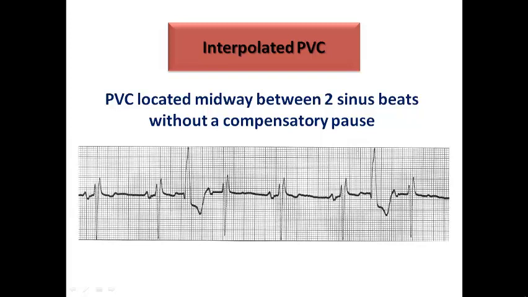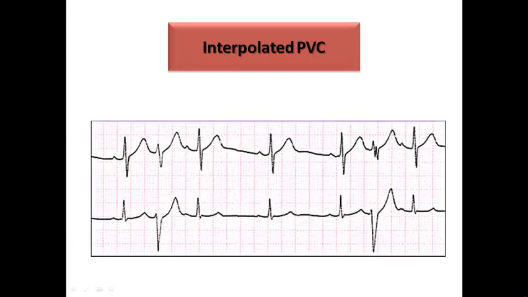Then there is another terminology that we sometimes read in the literature called interpolated PVC. Interpolated PVC is, contrary to the classic pattern of PVC, a PVC that is located midway between two sinus beats without a compensatory pause. So I can notice here, for example, that the PVC is coming in the middle of the RR interval, so it is not preceded by a short coupling interval and followed by a longer compensatory pause, as we explained in the classic pattern of PVCs.